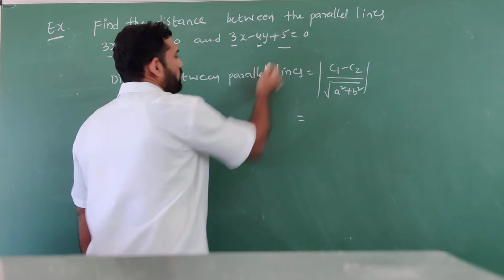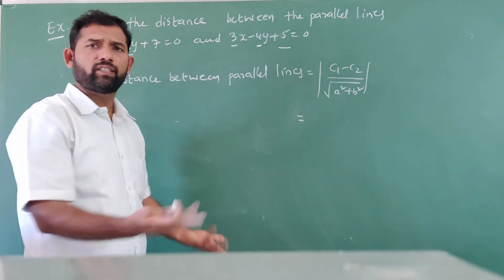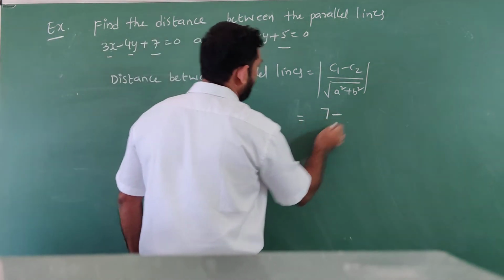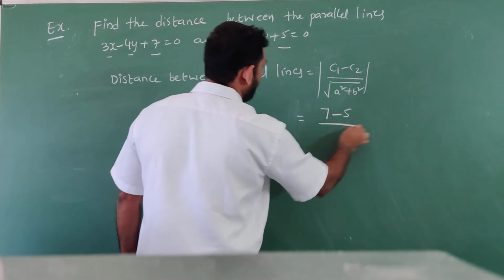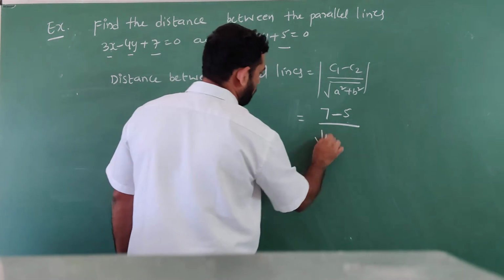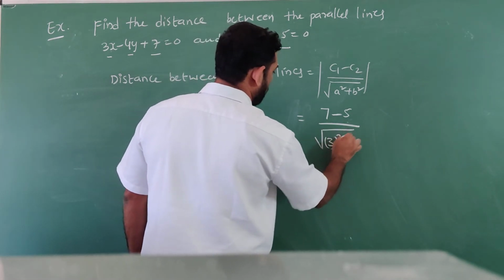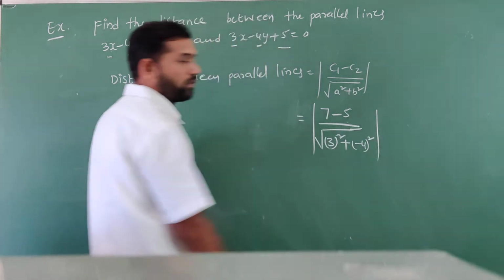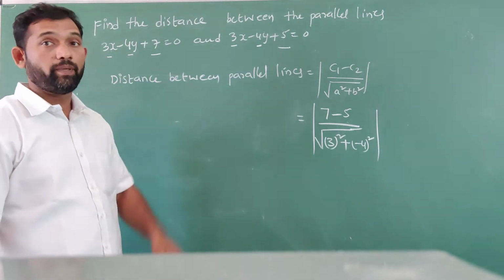So constants C1 minus C2 or C2 minus C1, whatever you take. So C1 value 7 minus C2 value 5, divided by root over 3 square plus minus 4 square. Okay, right? A equal to 3, B equal to minus 4.